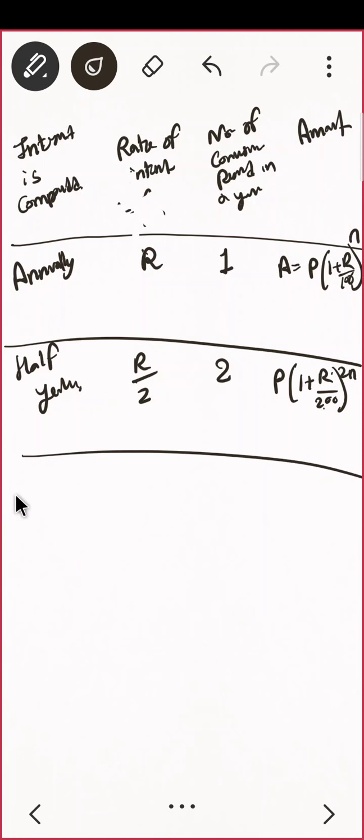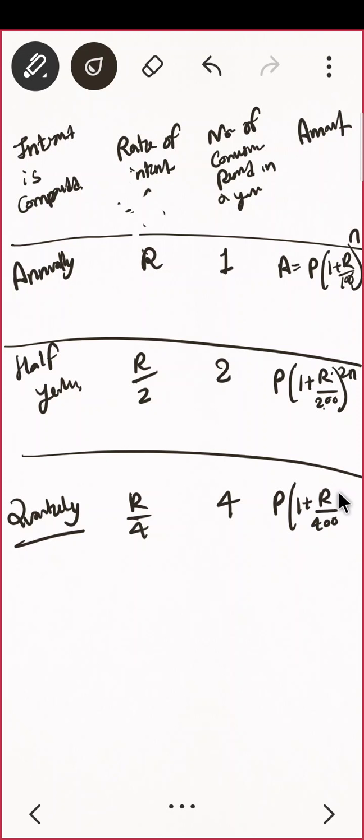If it is quarterly, then it will be r by 4. This will be 4, and here this will be P into bracket 1 plus r by 400 raised to 4n. Correct? Here below divide, above multiply.